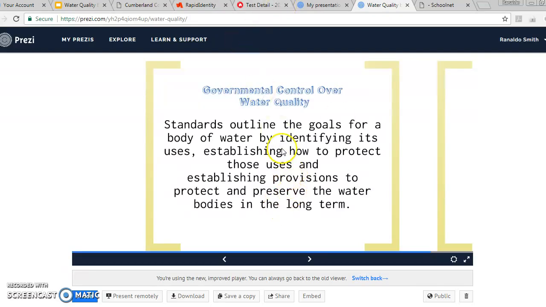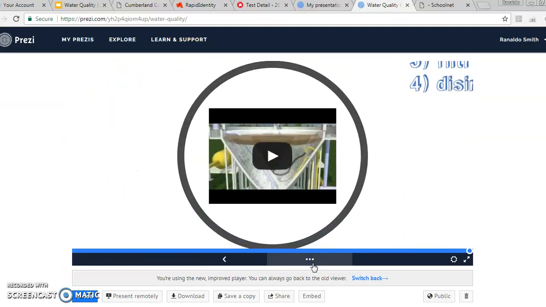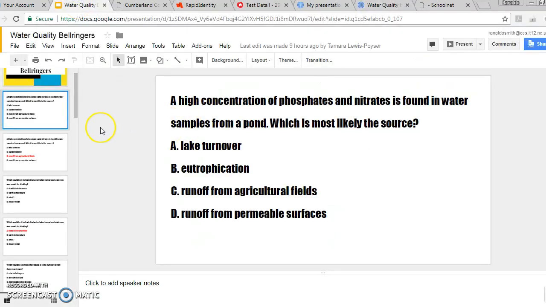They both together help provide governmental control over the quality of water we drink, but also over how much pollution can get into our rivers, lakes, and streams. So you've watched this video about how we clean water: we filter it, we let it settle, we add chlorine to it to make it potable. So let's look at some quick questions here.